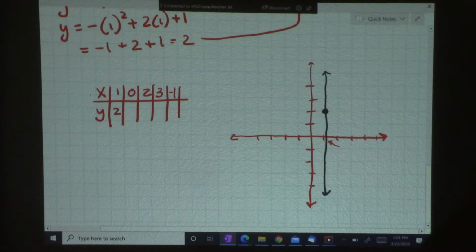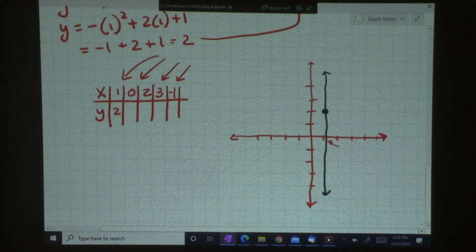Okay, so my vertex, just to review that again, because I remember in class some of you were struggling with that. My vertex is at x equals 1. What values for x are near that? Right close by, I've got, in this direction, 1 and 2 for x, and in the other direction, I have 0 and -1. So those are the numbers that I chose here for my x values.